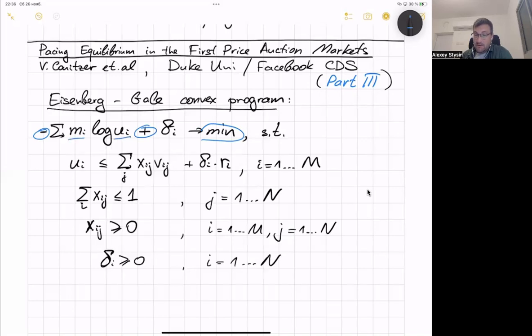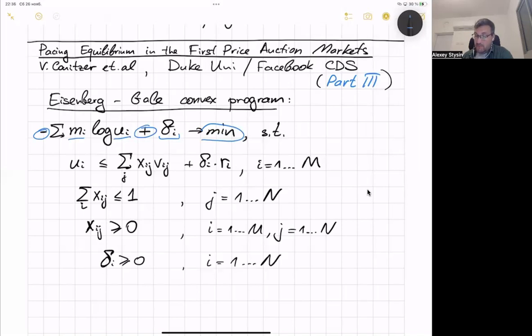This is the utilities, this is the budgets. And as we will see a little bit later, this thing will be interpreted as the remaining budget for agent i.